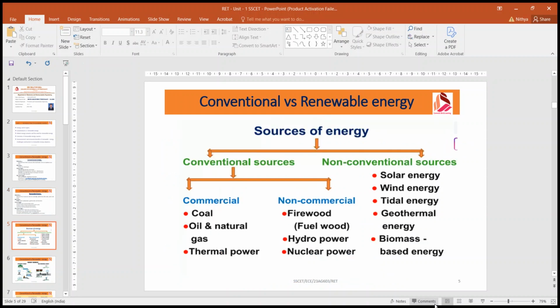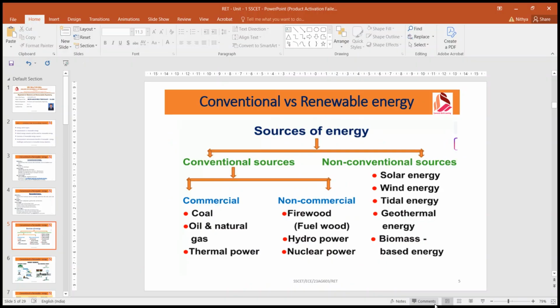The sources of energy are generally classified into two categories. One is the conventional energy sources, another is the non-conventional energy sources. The conventional energy sources include commercial ones like coal, oil, natural gas, and thermal power, and non-commercial ones like firewood, hydropower, or nuclear power.